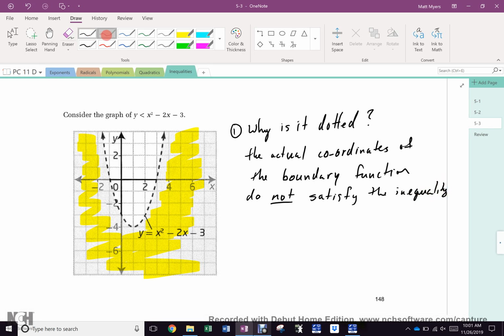That's question 1. Question 2, why is it shaded? Why is it shaded this way? Why is the shading outside?